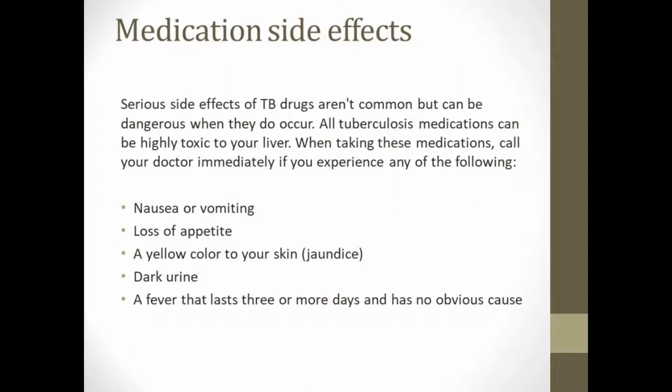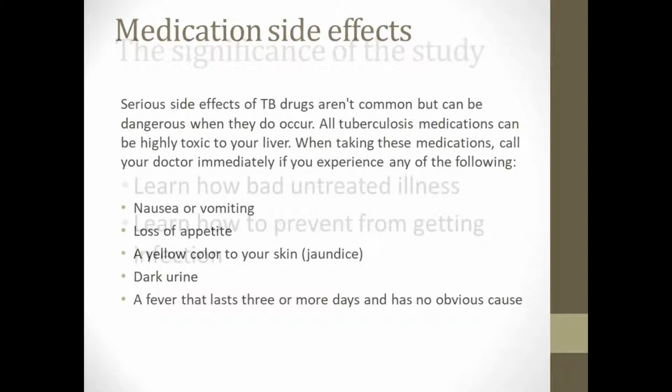First is nausea or vomiting. Second is loss of appetite. Third is a yellow color to your skin, which is jaundice. Dark urine, and a fever that lasts 3 or more days and has no obvious cause.